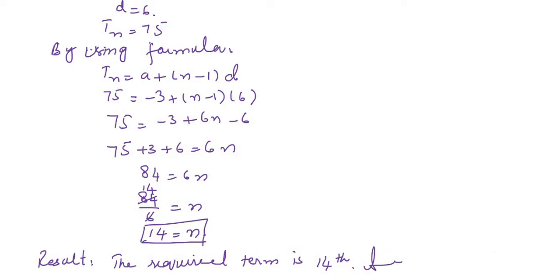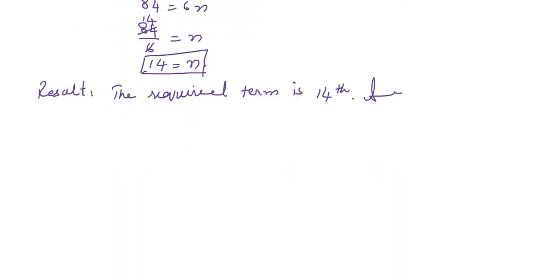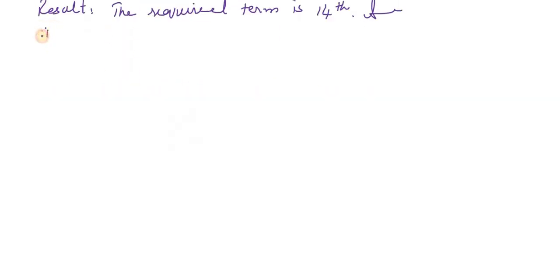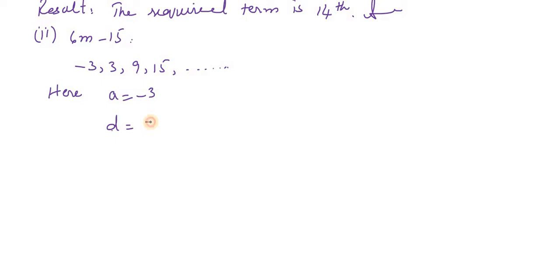And the second part of this question is the same. In the second part, the last term is 6m minus 15. The arithmetic progression is the same, -3, 3, 9, 15 and so on, and this is the last term, Tn, 6m minus 15. Similarly, here a is equal to minus 3 and d is equal to 3 minus -3, which is 6. And Tn is equal to 6m minus 15.